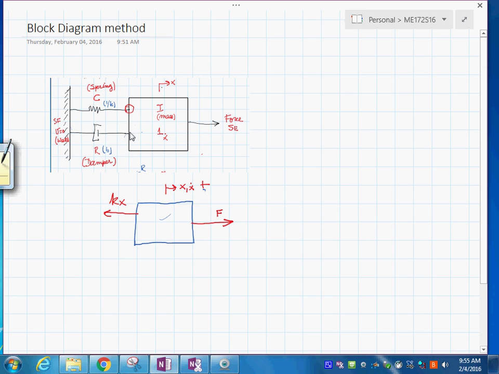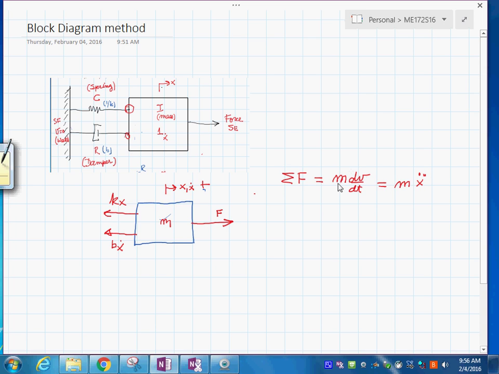This one here will have one like this, with value b x dot. And this, of course, is the mass. What's happening here is the application of Newton's law. It says the summation of the forces acting on a rigid body equals the rate of change of momentum, or written another way, m times x double dot.